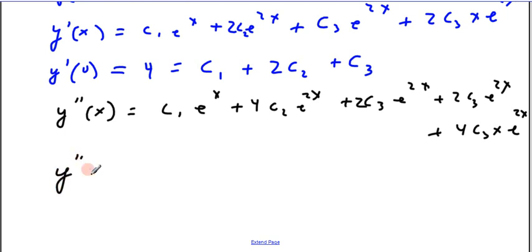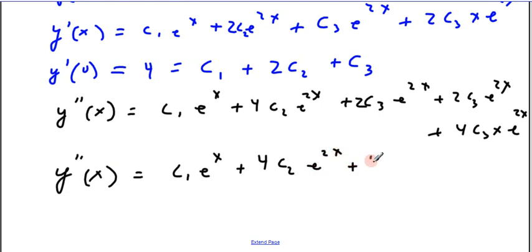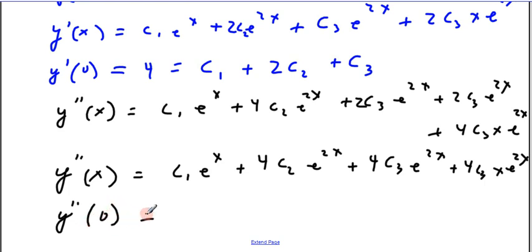So rewriting that, combining like terms: c1 e to the x, 4c2 e to the 2x, 4c3 e to the 2x, plus 4c3 x e to the 2x. And y double prime at 0 is supposed to be 0, which is going to be c1 plus 4c2 plus 4c3. So now I have three equations, three unknowns.